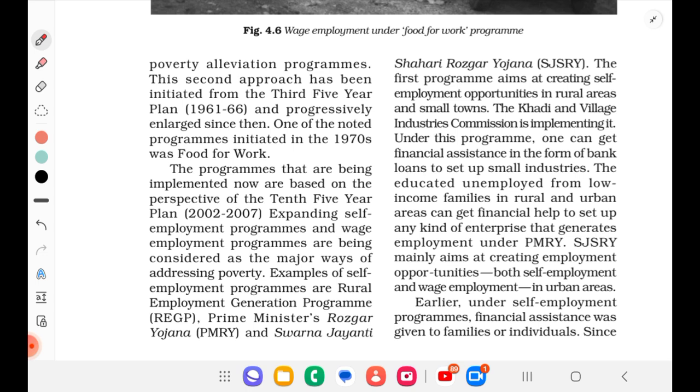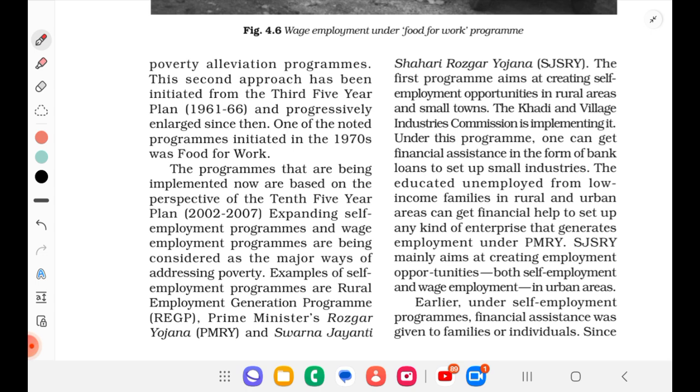One of the noted programs initiated in the 1970s was Food for Work. The programs that are being implemented now are based on the perspectives of the 10th five-year plan. Expanding self-employment programs and wage employment programs are being considered as major ways of addressing poverty.